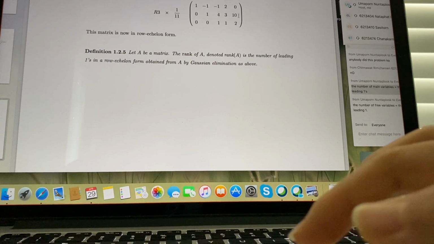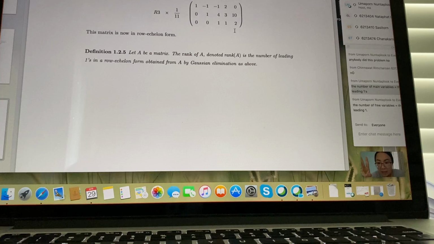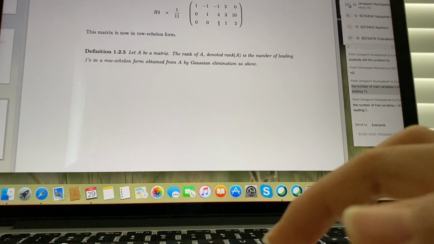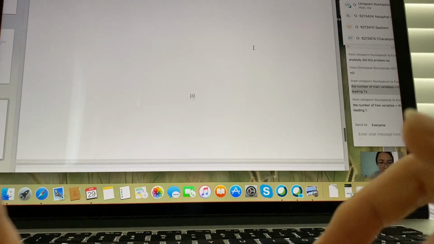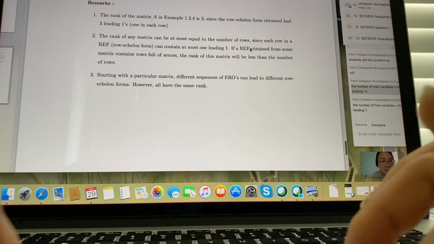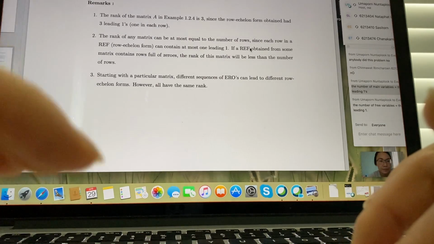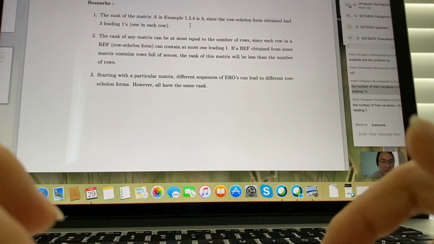So the rank of this matrix is going to be 3, because we have 1, 2, 3 leading ones. Okay, so the rank is the number of leading ones in row echelon form. All right, next one here, like this example.